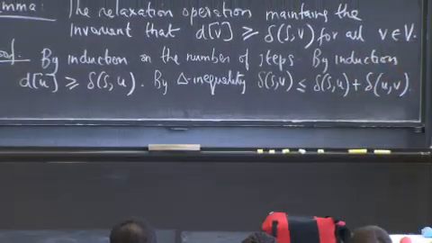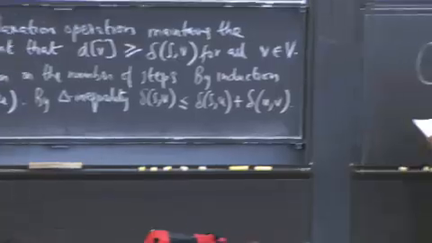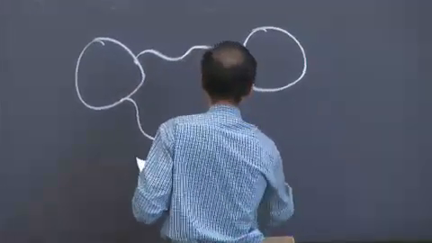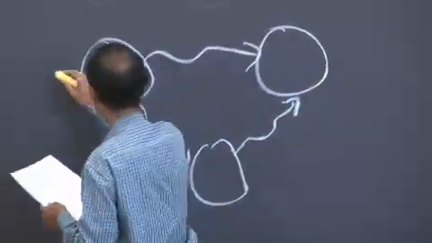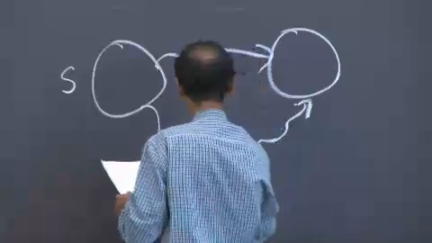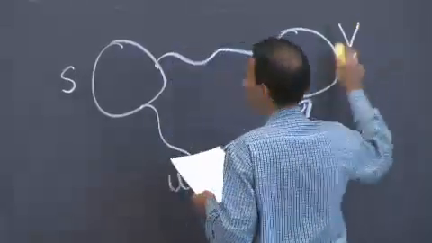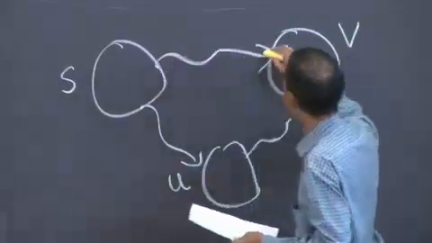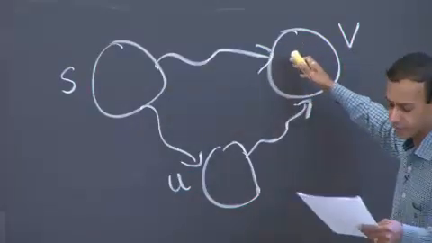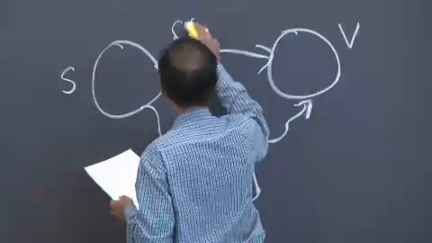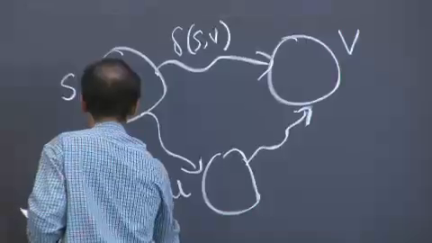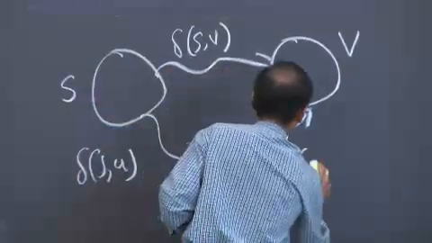Well, that just says if I have something like this, where I have S, let's call this U and V, this is not an edge between S and V, it's a path. It could be a single edge, but we think of this as a path between S and V. This is a path between S and U. This is a path between U and V.